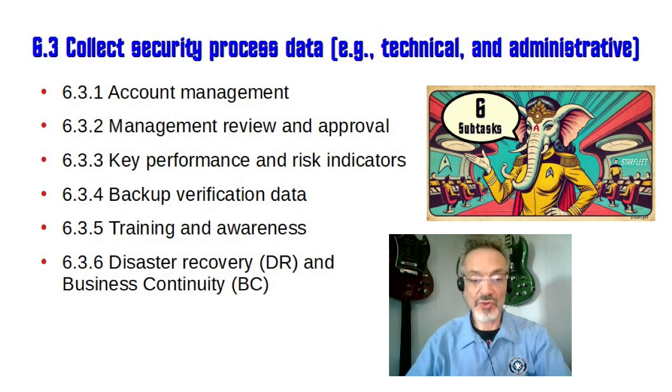Here the focus is on ensuring that security metrics, incident response plans, and risk management processes have the proper oversight from management. 3. Key performance and risk indicators. This subtask involves tracking security metrics like mean time to detect and mean time to respond to address the effectiveness of security operations.